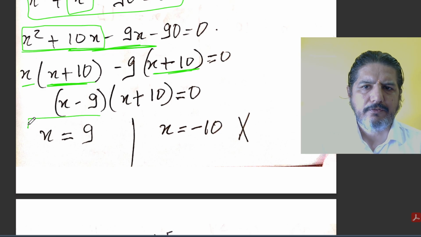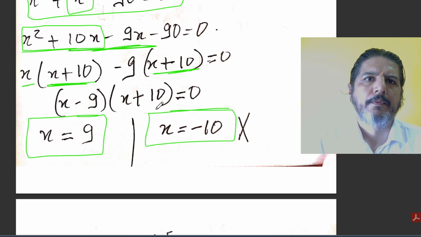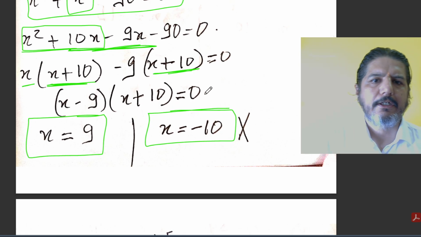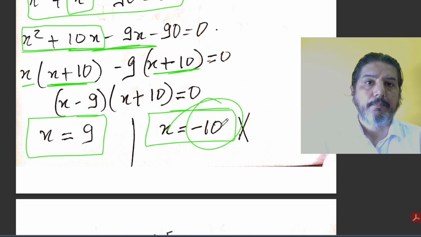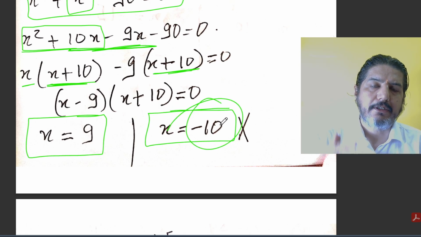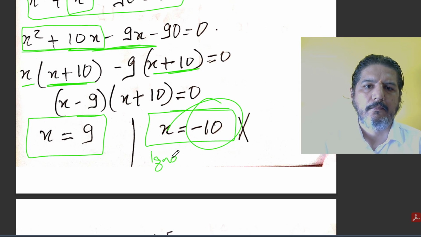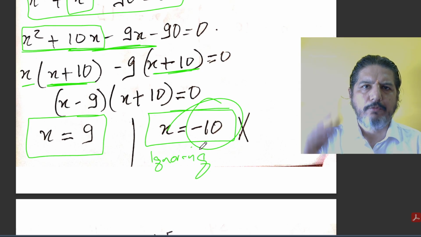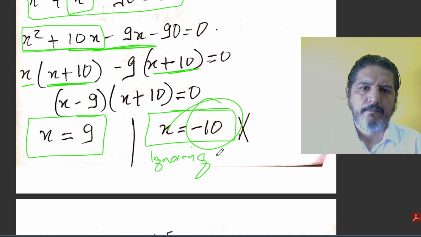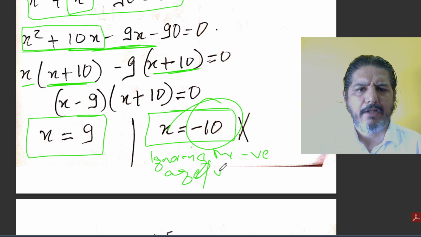Because it's a quadratic equation, you will always have two answers. Now what you need to understand is that your present age you have assumed to be x, so it can't be negative. So you'll have to write this line, ignoring the negative value of x.